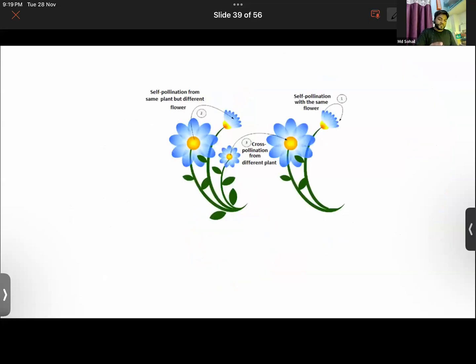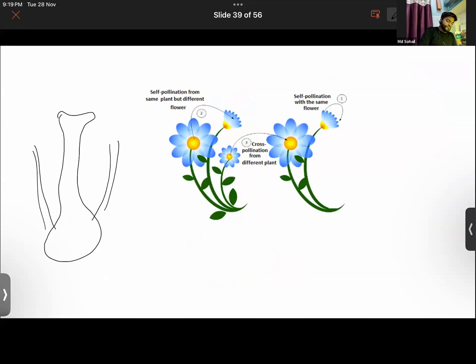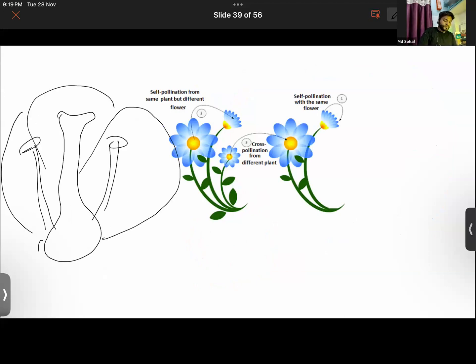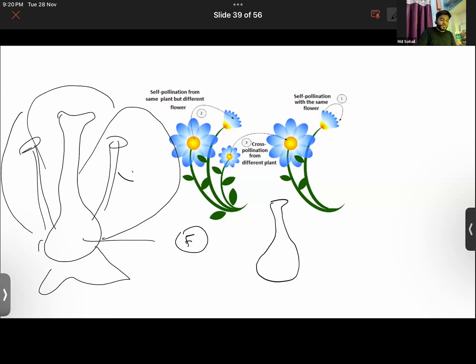Look, understand it in this manner. This is a flower, right? After fertilization has taken place, what will happen? Slowly, all the parts will start to wither off. It will start to fall off, right?